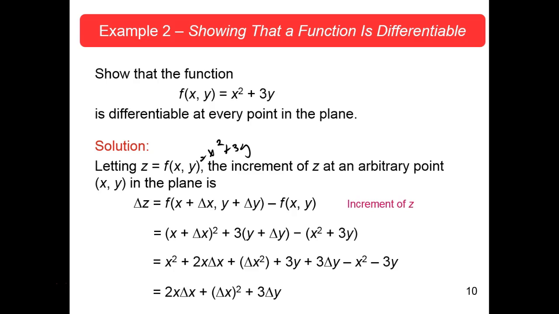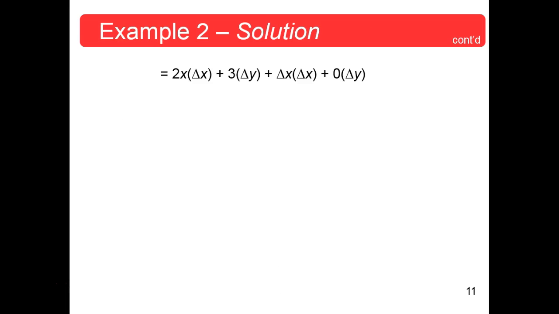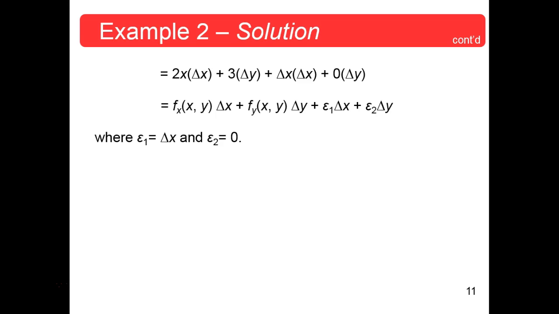Okay, rearranging the order slightly and a little bit of a substitution. That would be 2x delta x plus 3 delta y plus a delta x times delta x plus a 0 times delta y, and that's exactly of the form f sub x of x y delta x plus f sub y of x y delta y plus epsilon 1 delta x, if that's delta x, plus 0, but that'd be your epsilon 2 delta y.